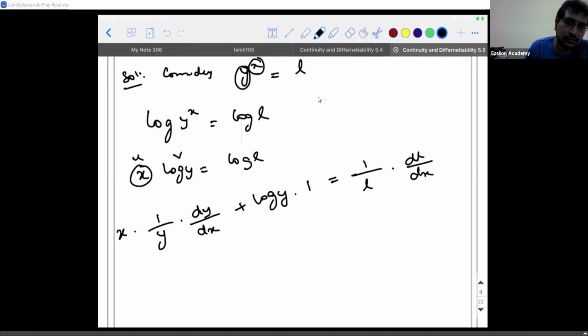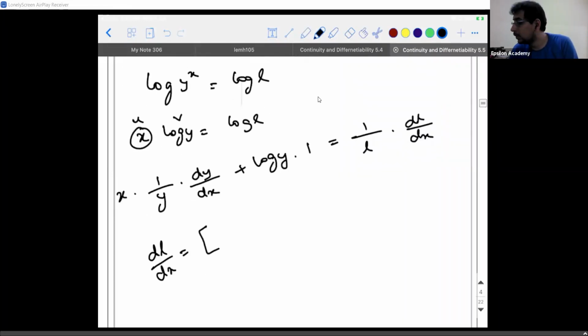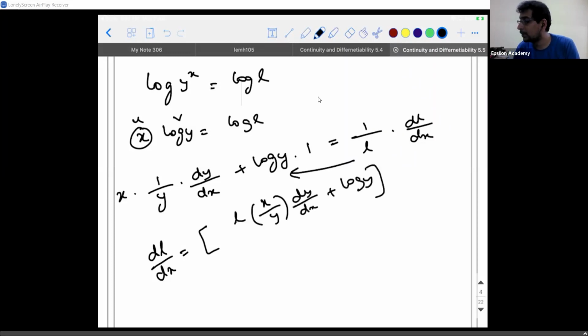Is that clear? Yes, sir, clear, sir. So what is dL divided by dx equal to? The L will get multiplied on the other side. L into x divided by y into dy by dx plus log y.